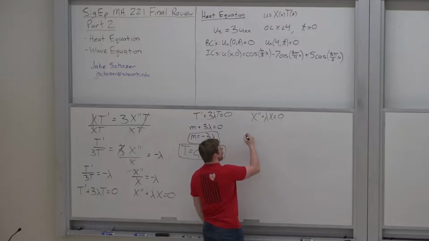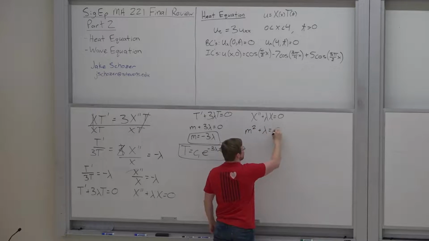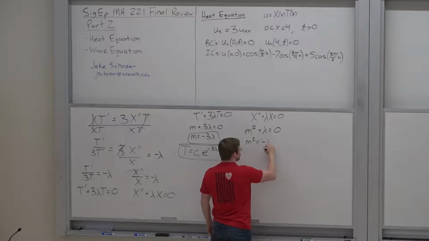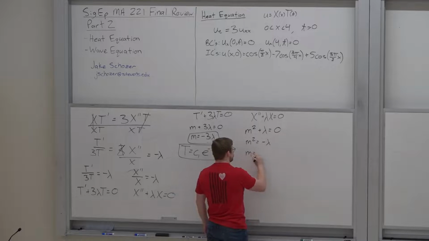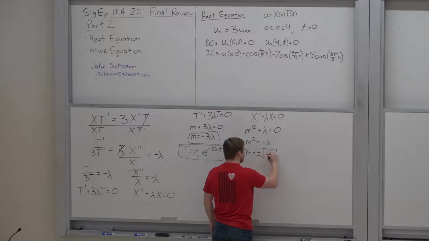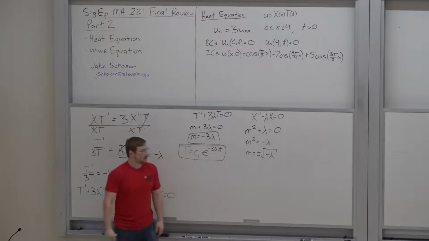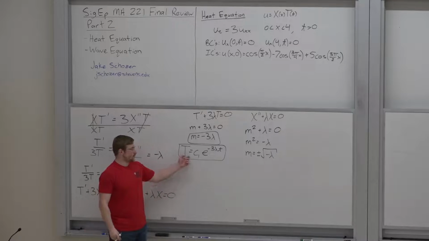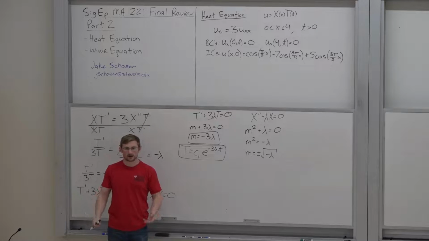So I set up my auxiliary equation. I get m squared plus lambda is equal to 0, which means m squared is equal to negative lambda, which means m is equal to plus or minus the square root of negative lambda. But now I ask the question, what form of my solution does this go in? Which form am I homogeneous?